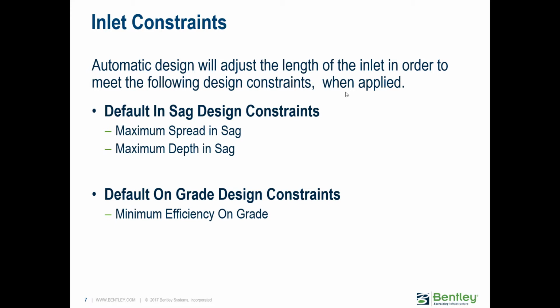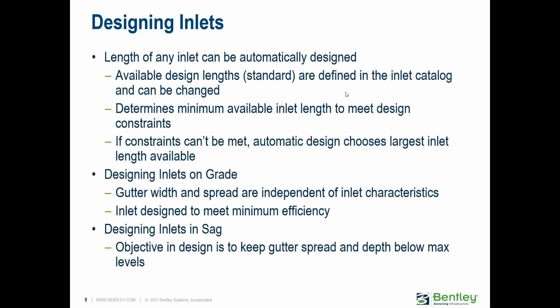And the design constraint for an on-grade is the efficiency. What is the minimum efficiency that you want to have for that particular inlet? So like I mentioned, the software will take care of deciding the length for your inlets. And this also looks at your inlet catalog.